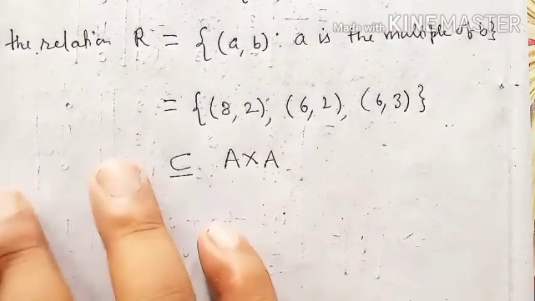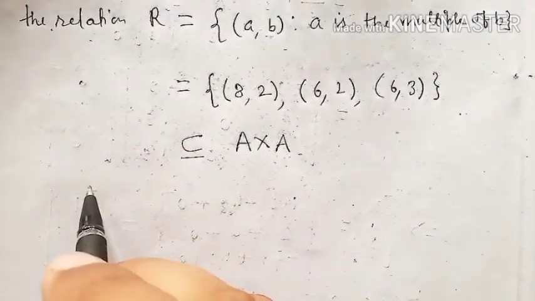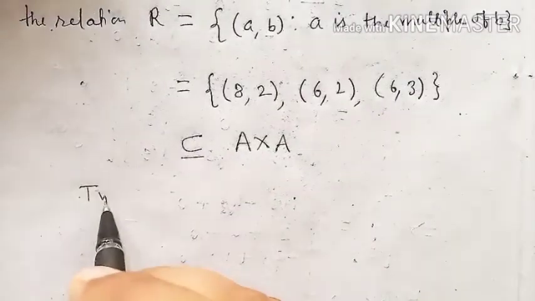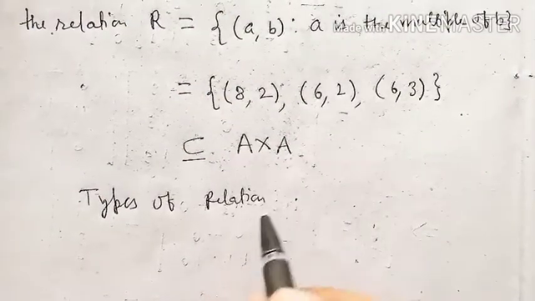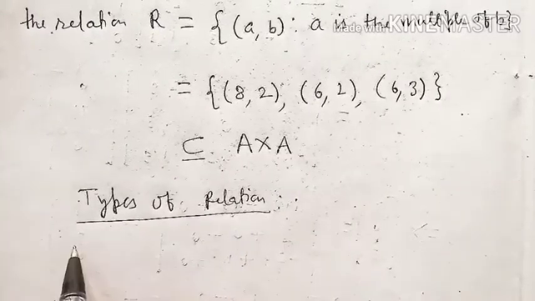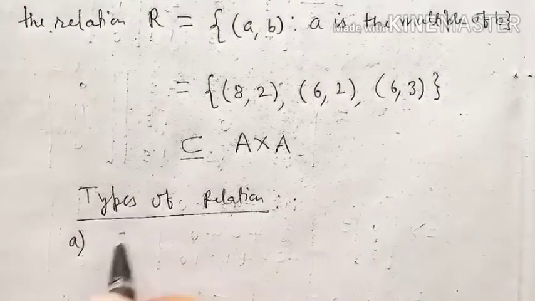Now we are going to discuss types of relations. So first one is empty relation.